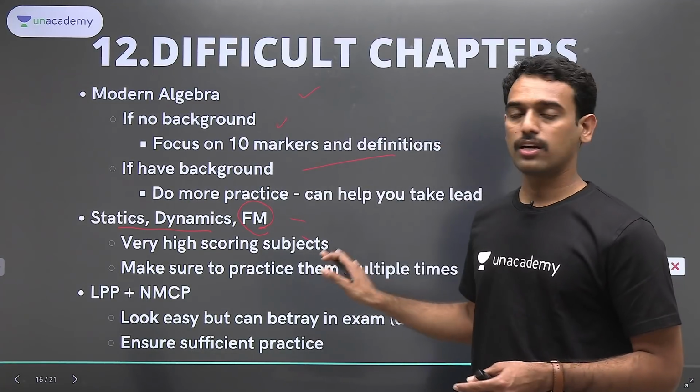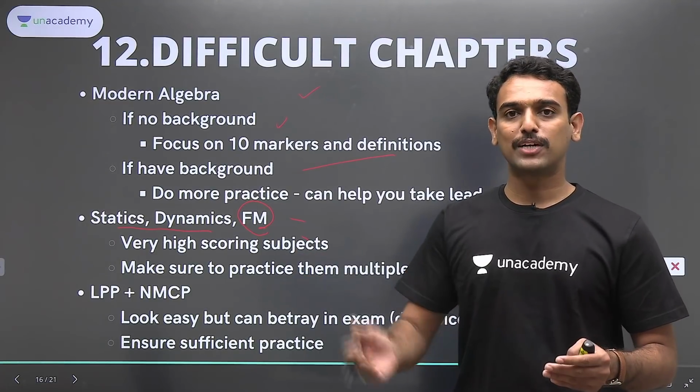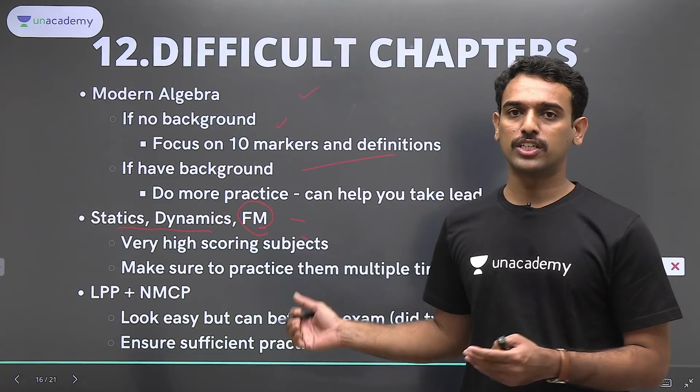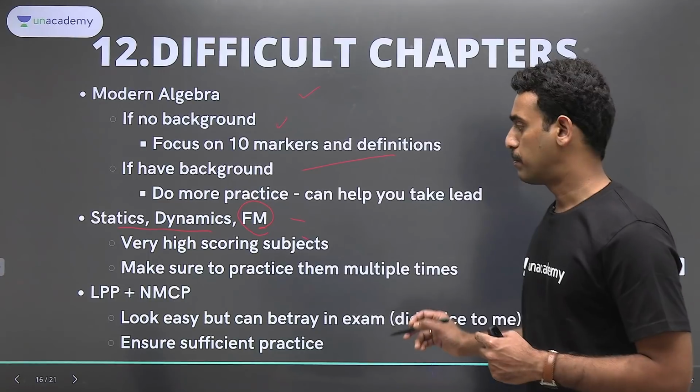So it is a very nice opportunity for all of you to invest that 1 month and then do multiple revisions of these chapters, and it is going to get you a lot of success in this particular paper.